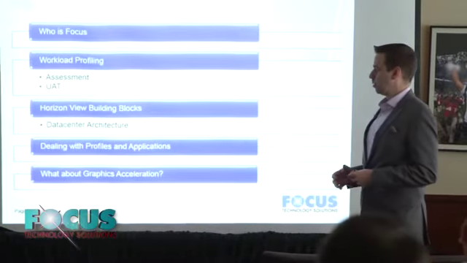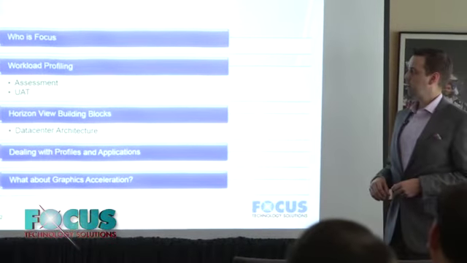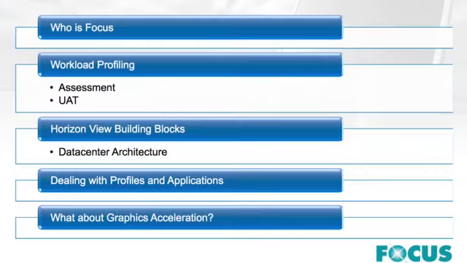So, a little brief agenda here. We're going to do a quick 1-2 on who Focus is, a little bit of an update on us. We're going to talk a little bit about the first phase of EUC, which is profiling workloads and figuring out what exactly it is that you're going to virtualize from a desktop perspective.